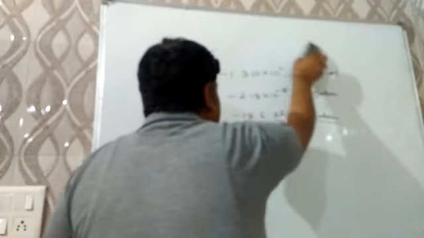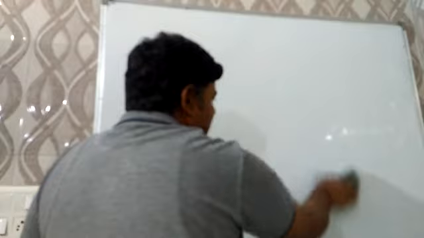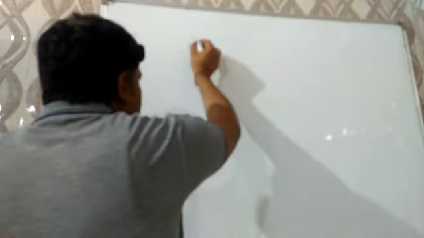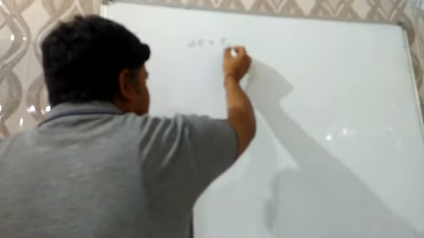The third postulate was that the electron can jump from one orbit to another orbit by absorbing energy or emitting energy, and that energy change is equal to E2 minus E1.